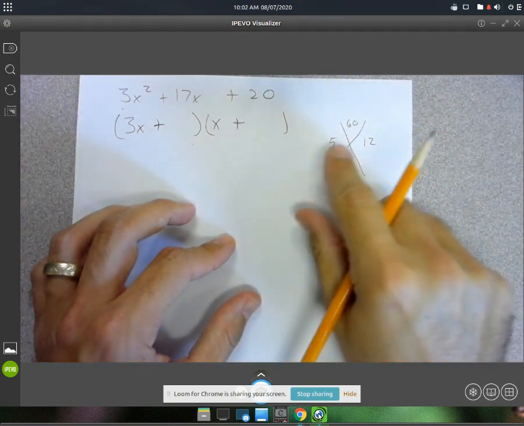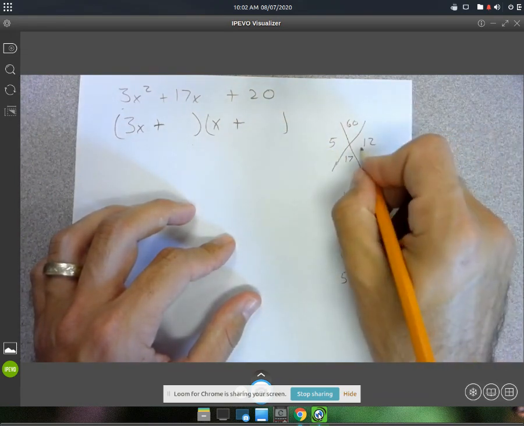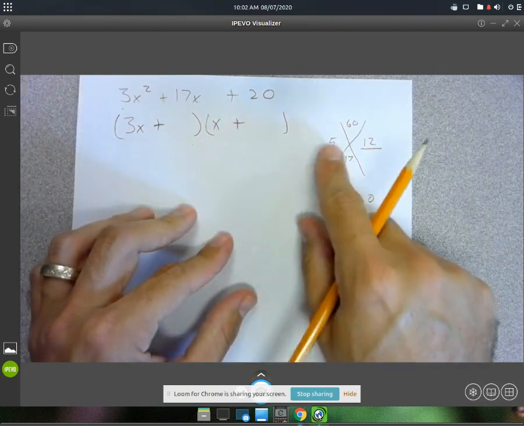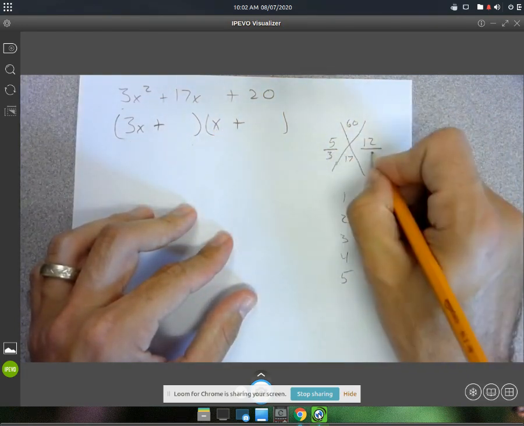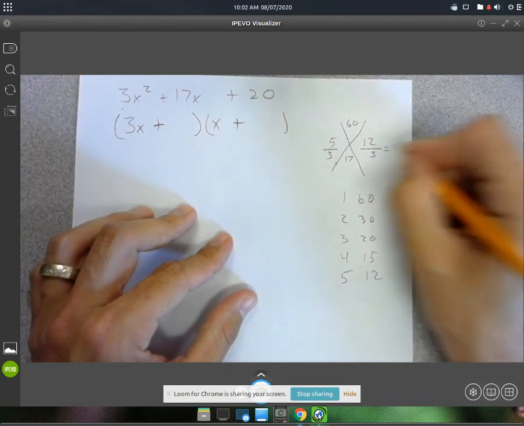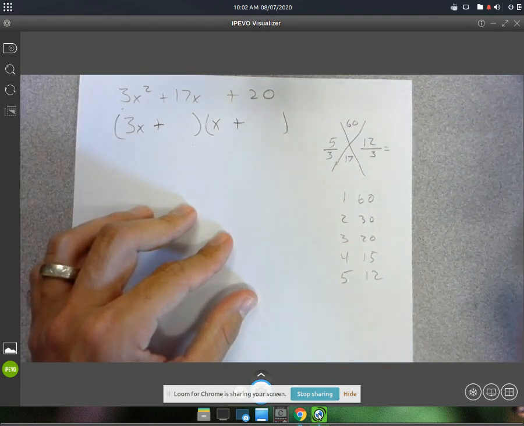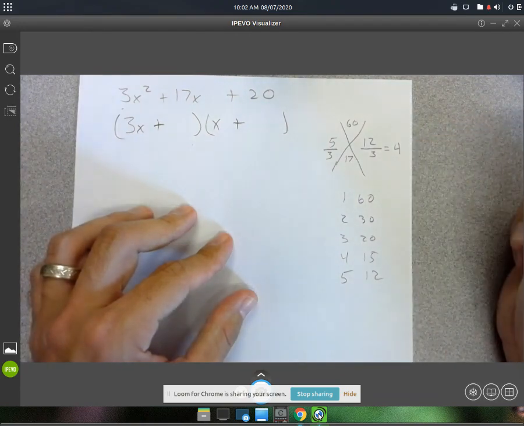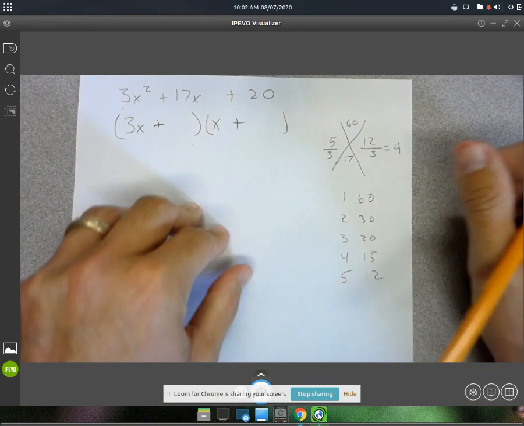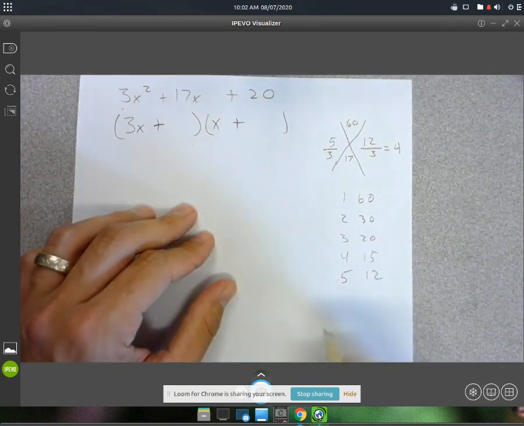All right, now we're going to divide these, or make them into a fraction, with 3 as the denominator. All right, and you'll notice over here 12 over 3 gives us 4. That simplifies completely. 5 over 3 doesn't simplify. So here's what we do.